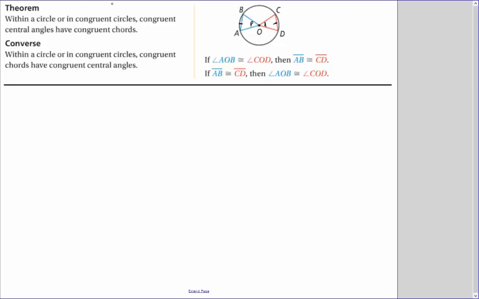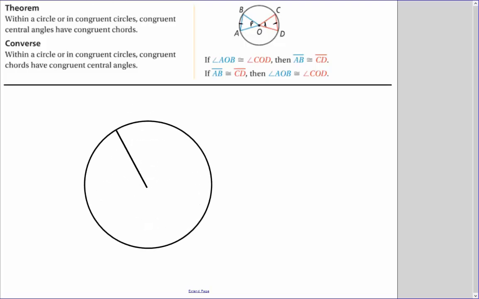A short example, or a mini example: if I have two central angles, I have chords formed by the central angles. If I know that this angle and this angle are congruent, then I know that this chord and this chord are congruent. And vice versa. If I know that those two chords are equal, then I know that these two angles, the central angles, are equal.